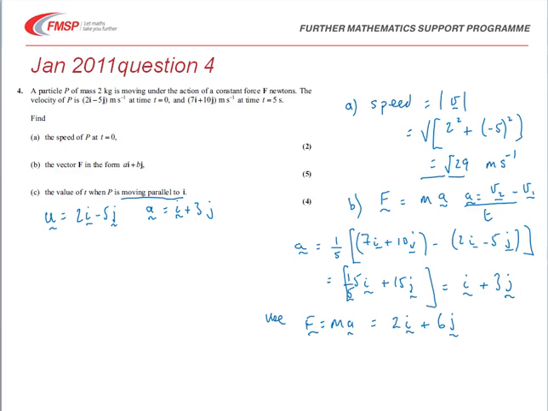So we can use equations of motion. Remember, the equations of motion are really vector equations, so the SUVAT equations, v equals u plus at. So the velocity at any given time, v, is 2i minus 5j, that's the initial velocity, plus the acceleration, i plus 3j, multiplied by time.